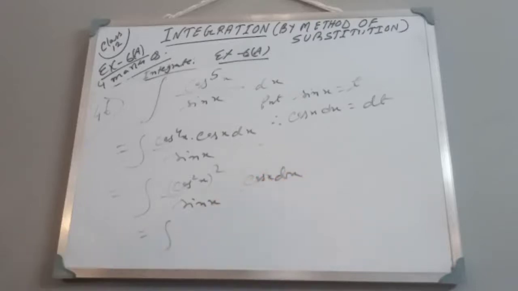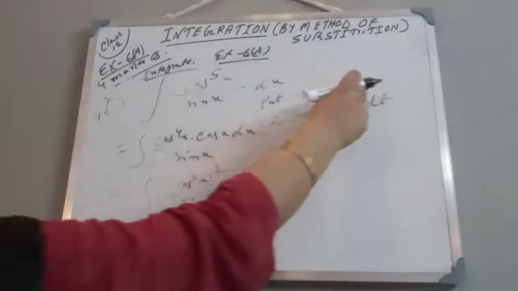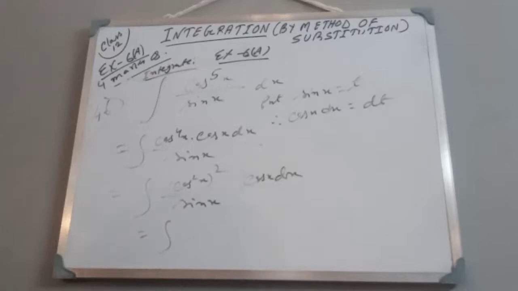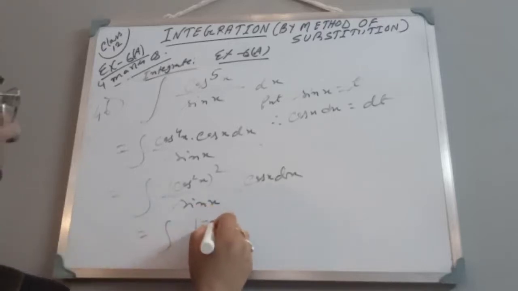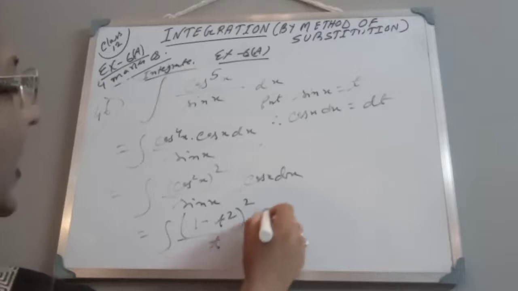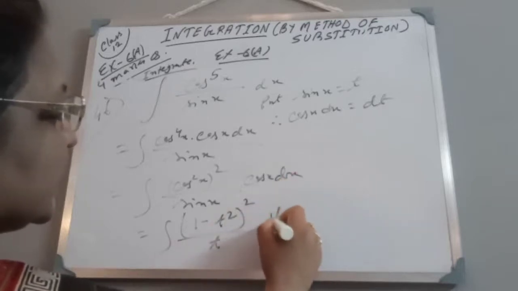Okay, now sin x we have taken as t, the cos square x is there. Cos square x is 1 minus sin square x. So we directly write 1 minus t square whole square by sin x, that is t, we have taken, and cos x dx is dt.